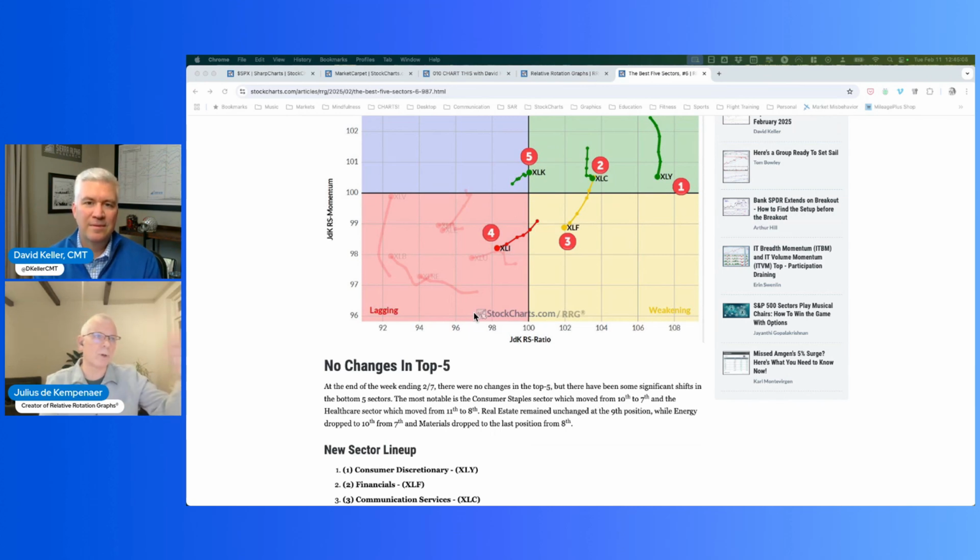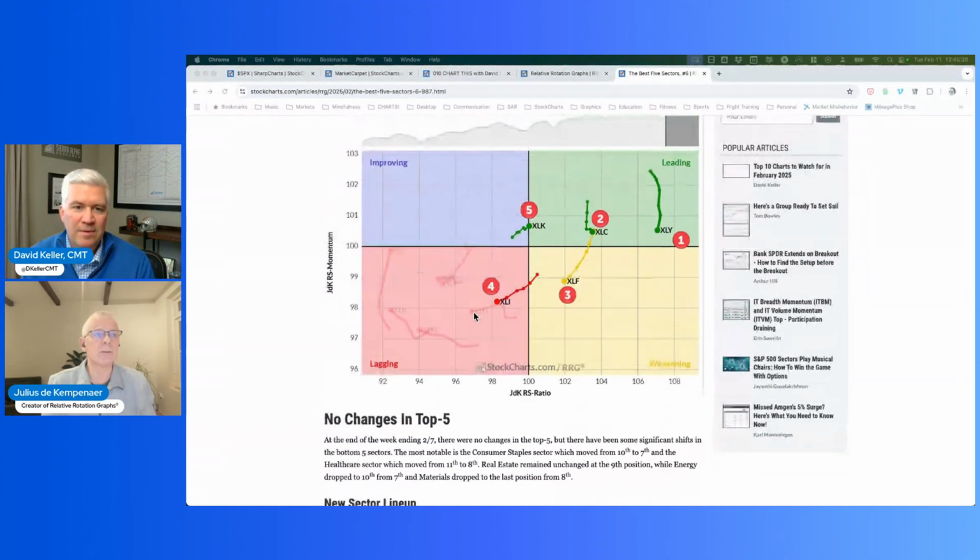Basically, I bought so many shares of this, so many shares of that, calculated 20% of $100,000 divided by the price of the shares equals so many shares, put that in there and started monitoring it. I've done two switches since then. The technology sector dropped out of the top 5 after a couple of weeks, and then it moved back into the top 5, not this week, but the week before.